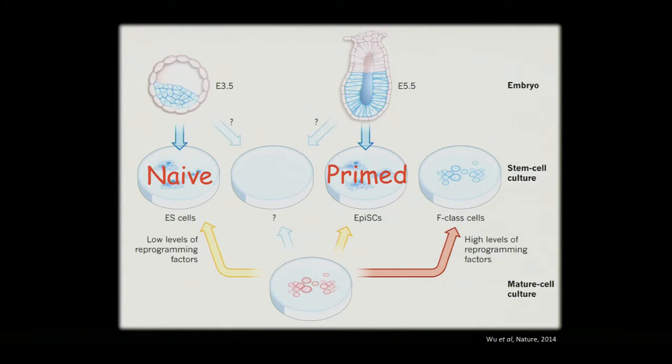But the take-home message is that naive cells are the cells that we needed, because they are isolated from these blastocyst structures, which I mentioned earlier. Therefore, they have the similar properties of the cells that you would expect from the inner cell mass, which has the potential to give rise to all the tissues and organs.